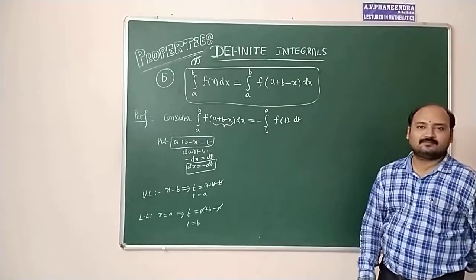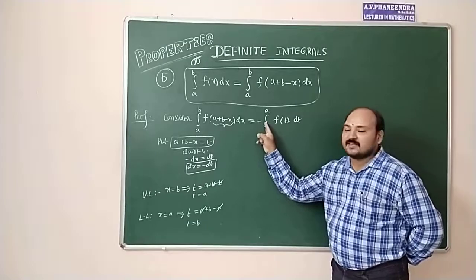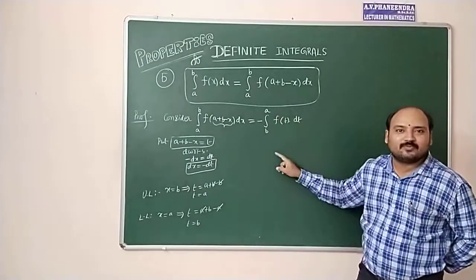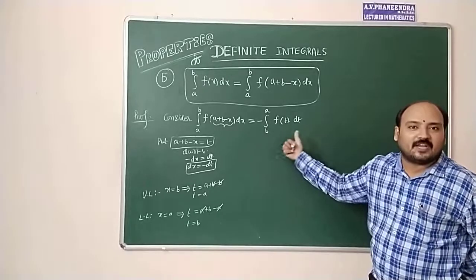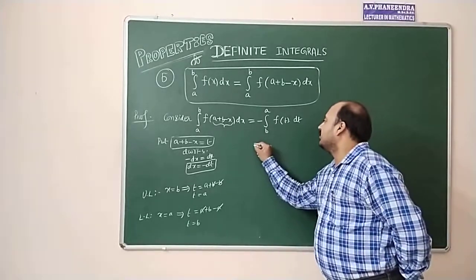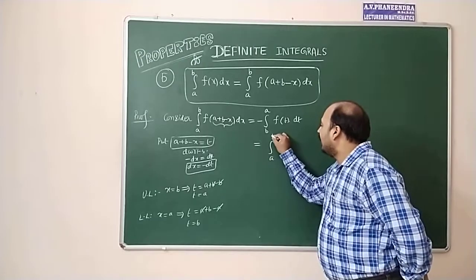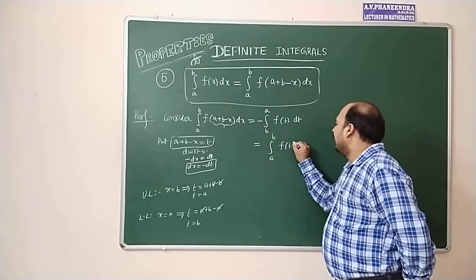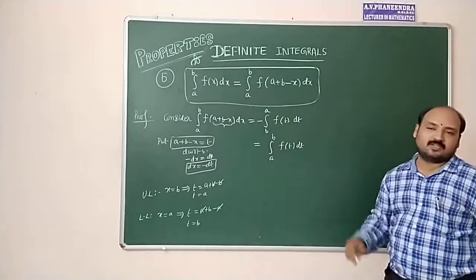After that, if we remove this minus, the limits will interchange now. Sign change property, previously either second or third property, which is equal to integral a to b f of t dt. This is by using the sign change property.